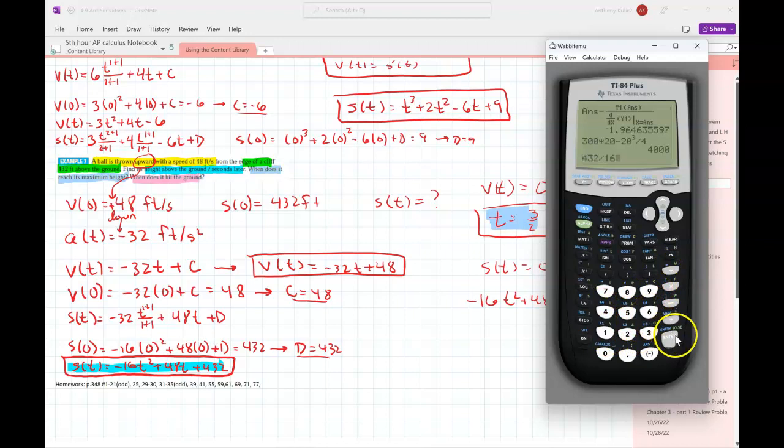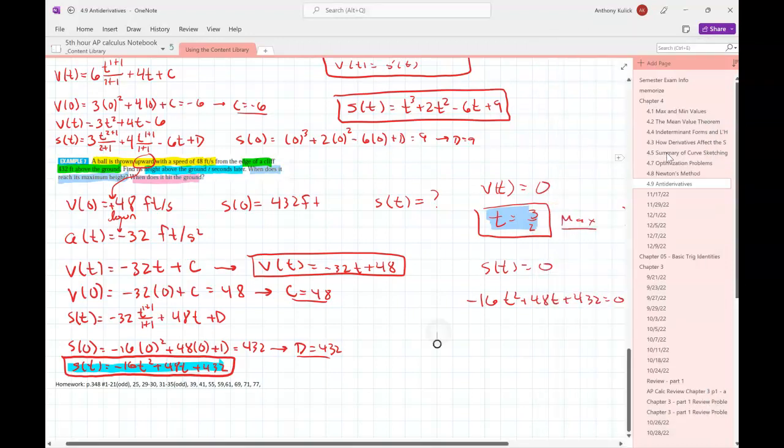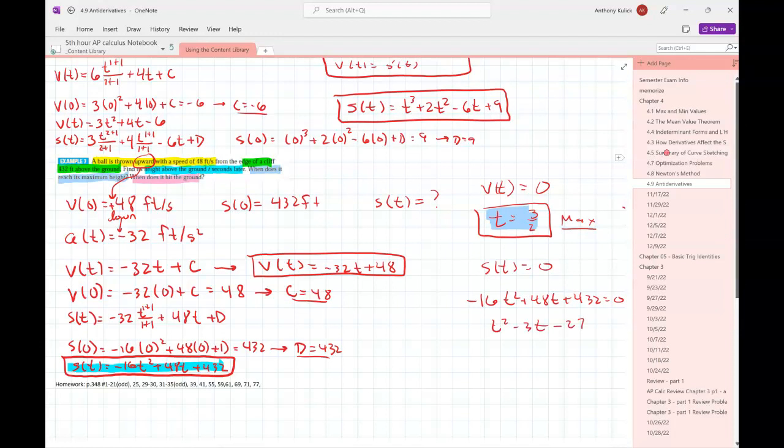If it is, would be very nice. So it is. So I'm going to divide everything by negative 16. So that I see is now factorable. Is it? No, that's 3 times 9. Oh, okay. So now we'll use the quadratic formula.